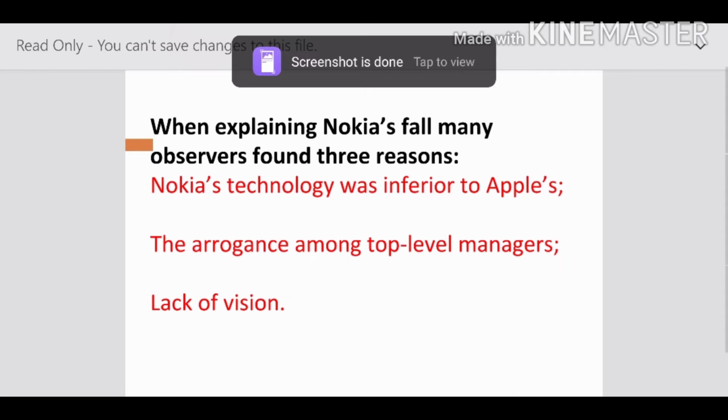Here we clearly identify that people lacked vision. The product should have been made so that it could be upgradable, but due to lack of vision the operating system was not up to the mark, and they should have thought that they would be facing lots of competition.